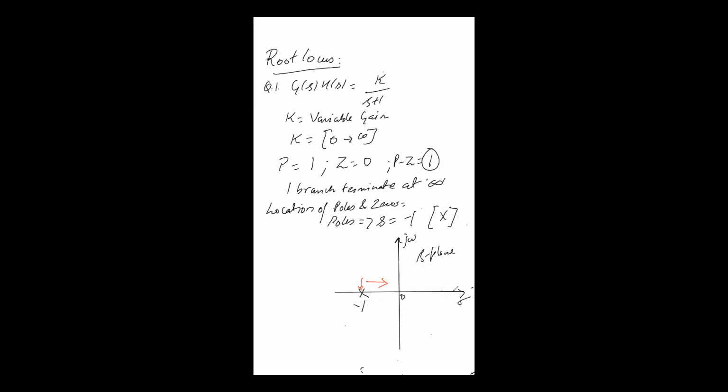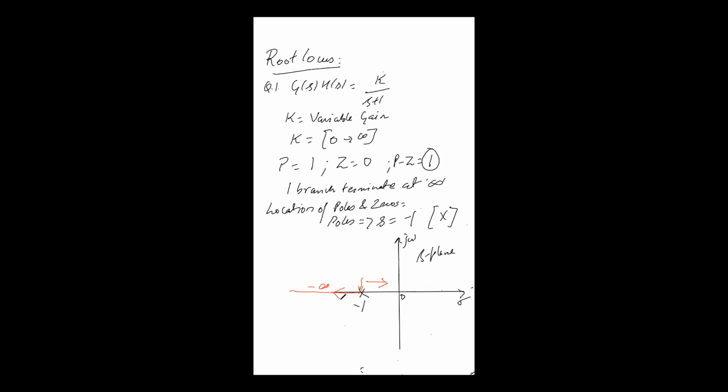Now suppose you are at minus infinity and looking from minus infinity, the total number of poles and zeros to the right side is 1, which is odd. So this will be part of my root locus. So step number 2 is done.